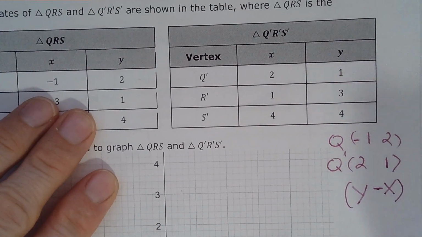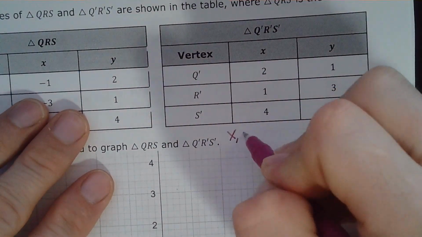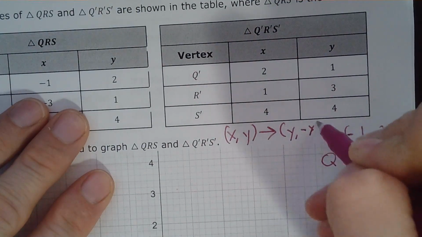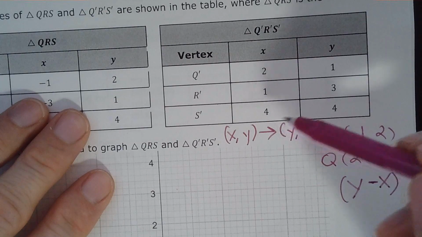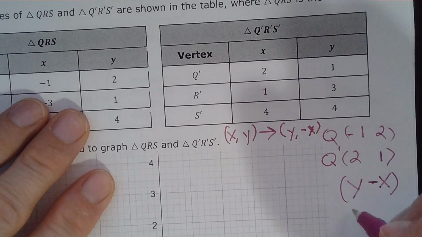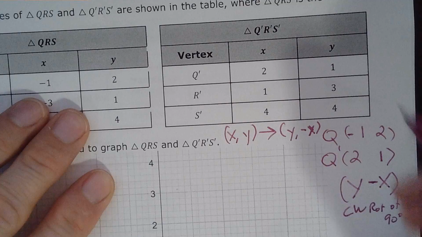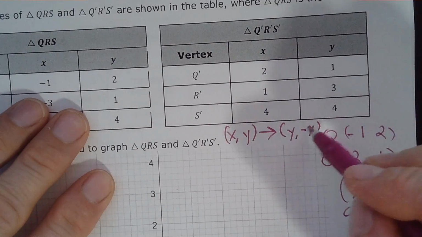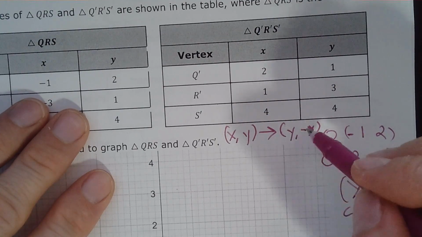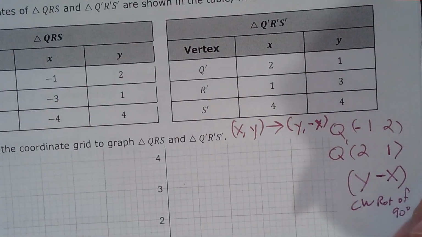Right, so that is the tail end of an algebraic expression. So when my X's and my Y's flop and one of them turns negative, that's a rotation. When the X turns negative, that is a clockwise rotation of 90 degrees. Right, so when the X's and the Y's flop, it's a 90-degree rotation, when one of them is negative. Okay, when the X is negative, it's a clockwise rotation of 90 degrees. So I know what to expect here.